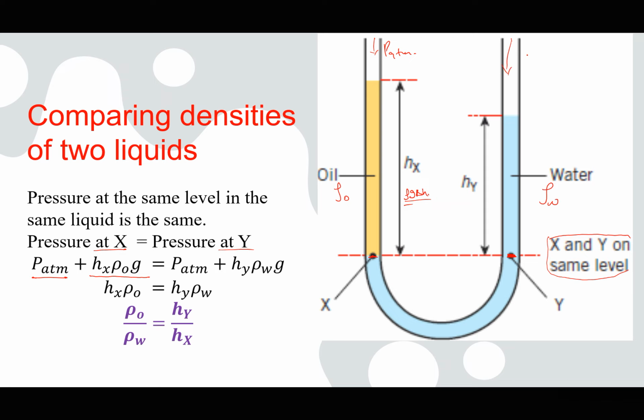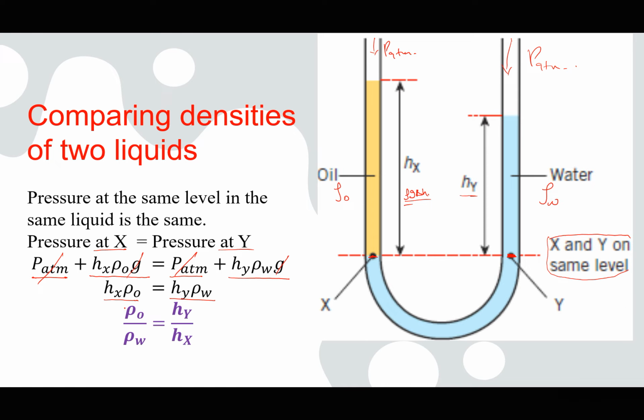Then at this point, it is also open to the atmosphere, so here we have atmospheric pressure, plus pressure due to this height, which is Hy. Therefore, pressure at point Y is going to be atmospheric pressure plus pressure due to the height Y. Of course, atmospheric pressure will cancel out and G will also cancel out. So I remain with Hx times density of oil equals Hy times the density of the water.